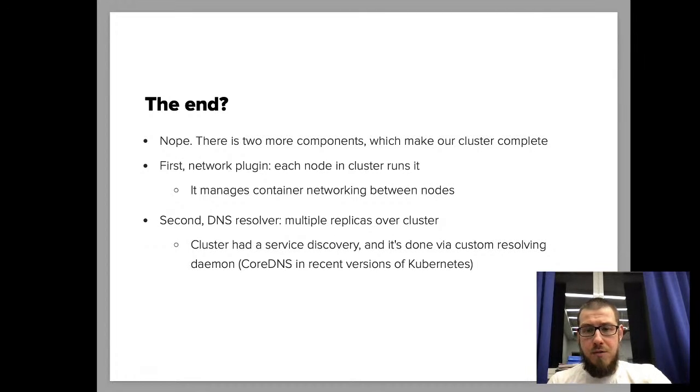The cluster has service discovery, which is done via a custom resolving daemon. In recent versions of Kubernetes, it's CoreDNS. So actually, these two components aren't part of the Kubernetes architecture itself, but they play a very important role in the cluster running. So we'll look at them a little bit later.